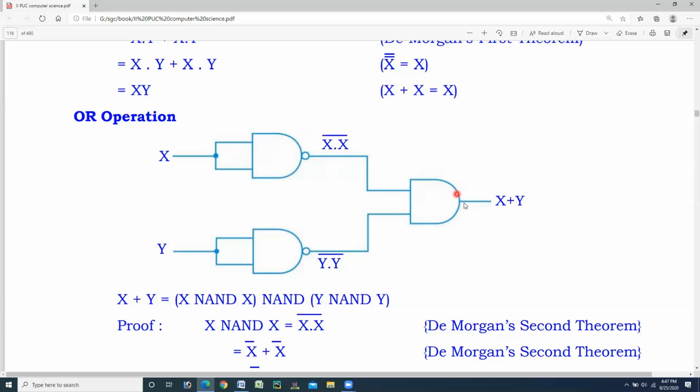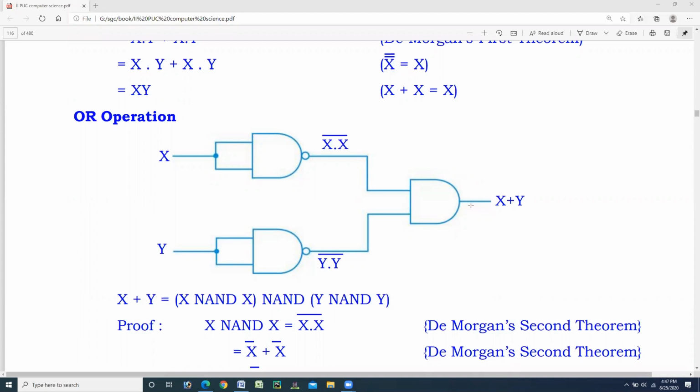Here also you can put 1 bubble. It is missing. The bubble is missing. You can put that. Right? You can draw 1 bubble here. A bubble is required here.